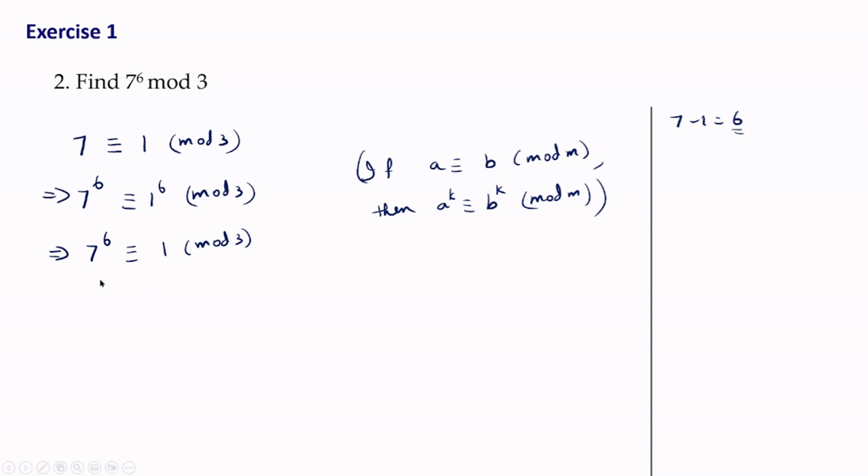And according to the property of congruence modulo, if a is congruent to b mod m, then a mod m will be equal to b mod m. So this implies 7 raised to 6 mod 3 is equal to 1 mod 3. 1 mod 3 is nothing but 1 itself, because this number is less than this number.